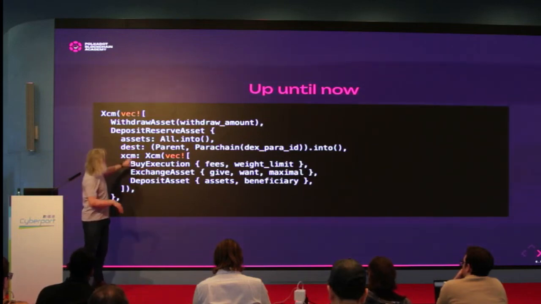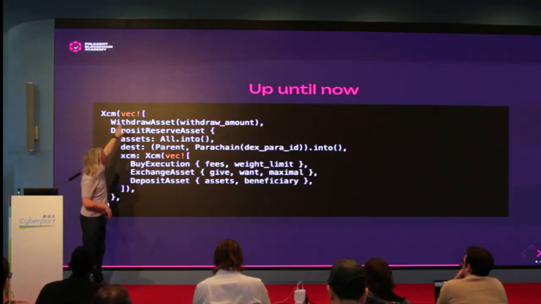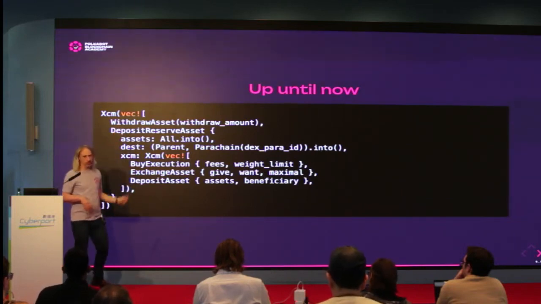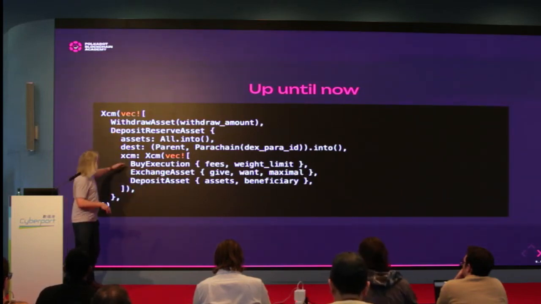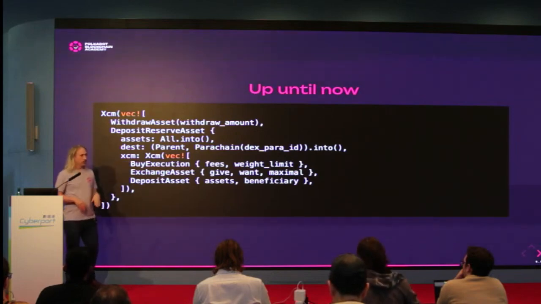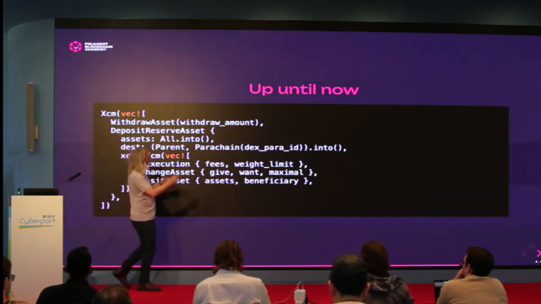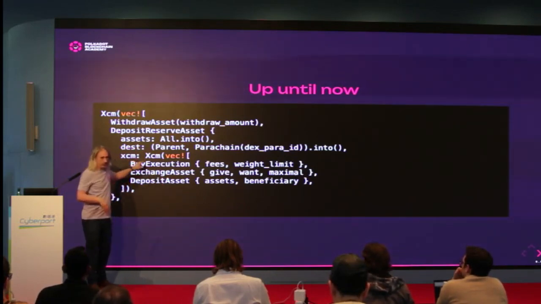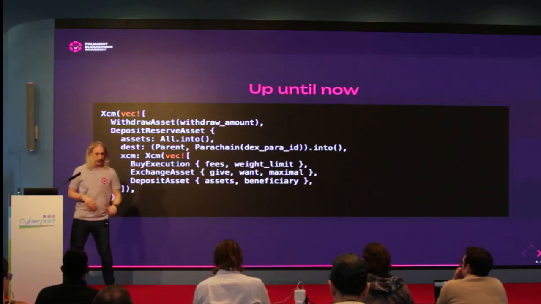So it descends into whatever local origin this is running with. So if this probably is running with an account ID 32 local origin, then we will then descend into that origin here. So it will now be running with a / our reserve parachain / account ID 32 origin from the point of view of the DEX chain.